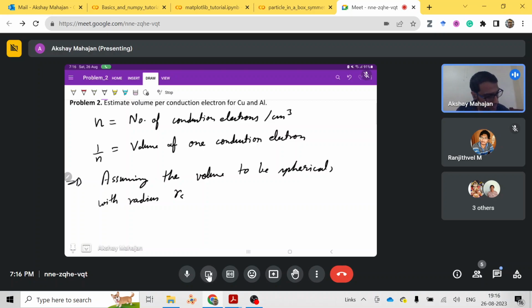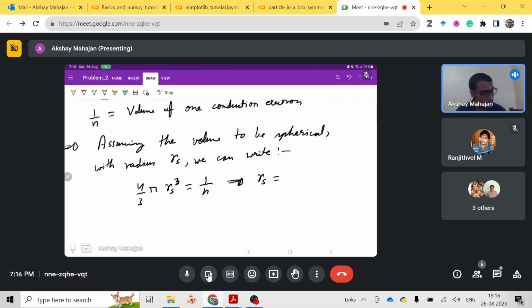From here you can find Rs, the radius of the volume occupied by the electron: Rs equals (3 upon 4 pi n) whole to the power 1 by 3. So this will be the formula. Now we will find this Rs.